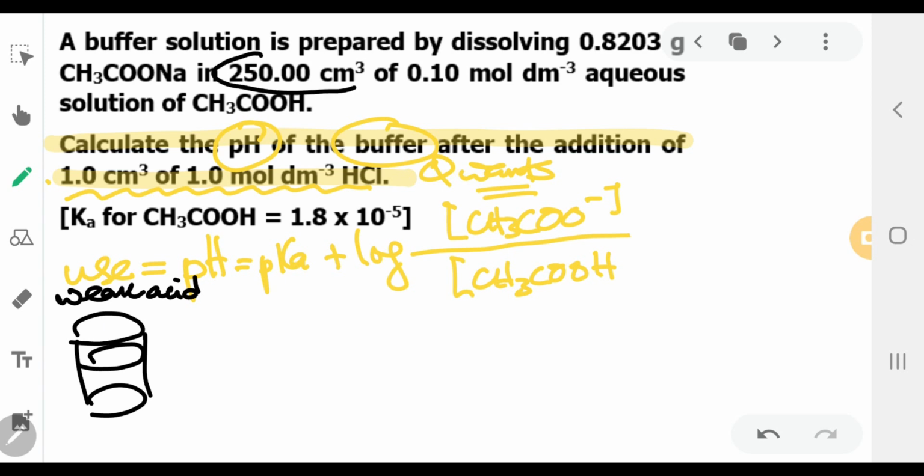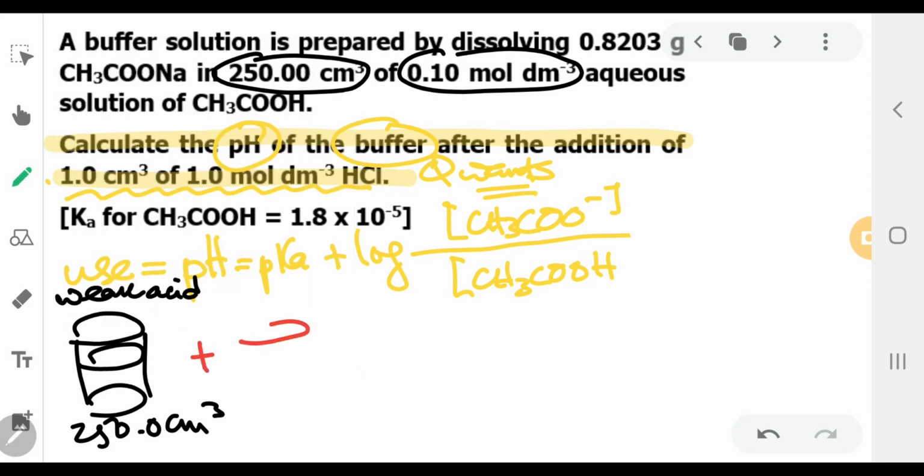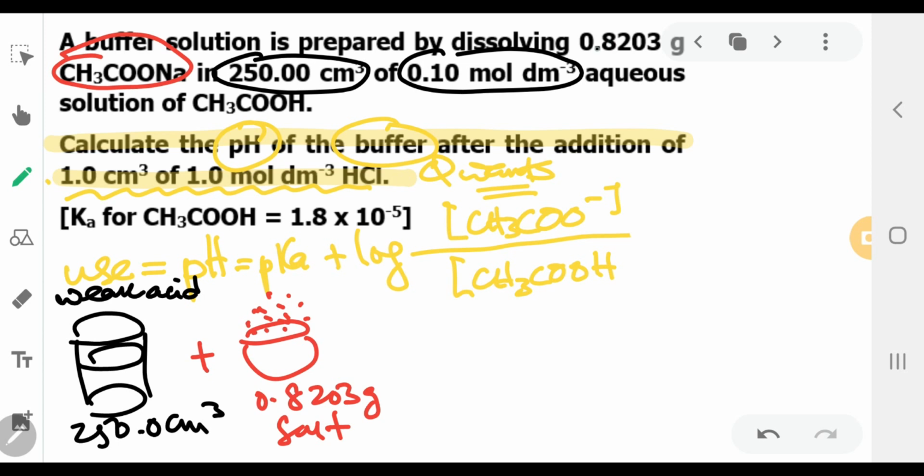You have 250 cm³, molarity is given. And we're going to add the solid of salts. Okay, so the salts is this, that is the salts.